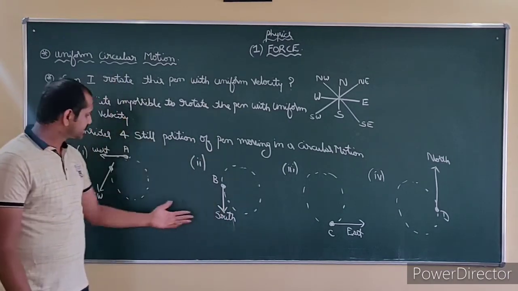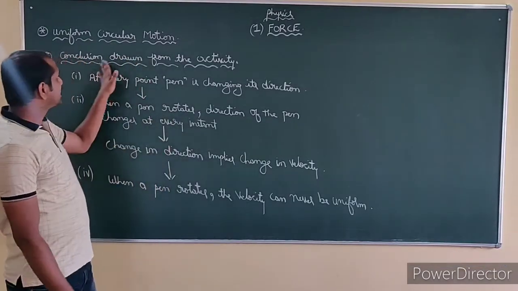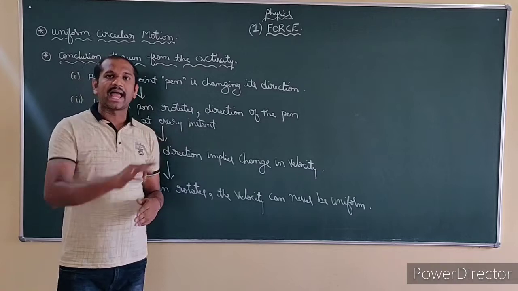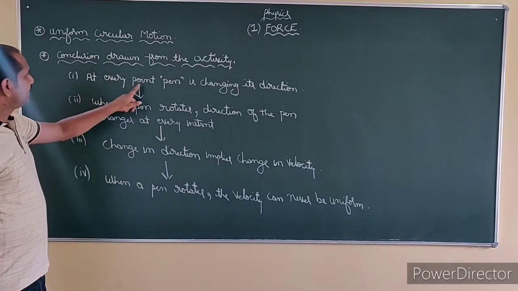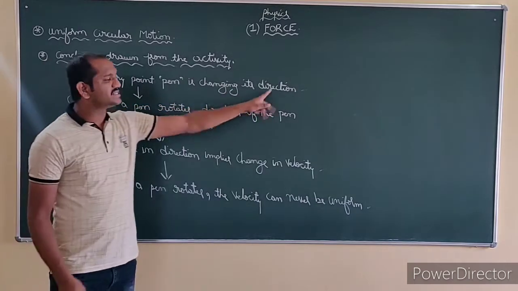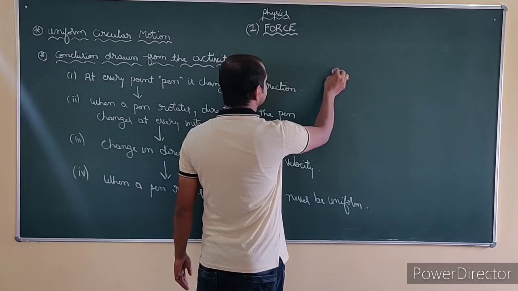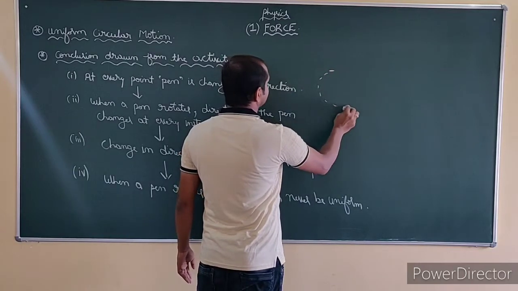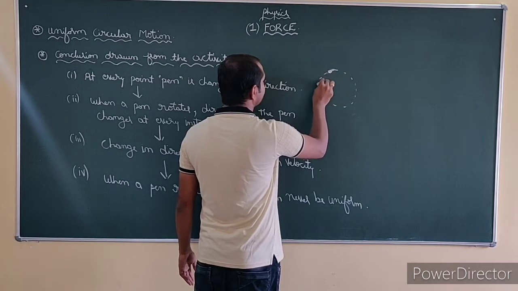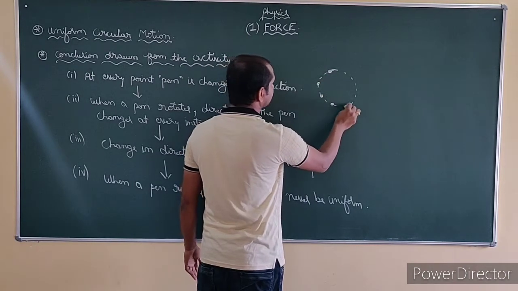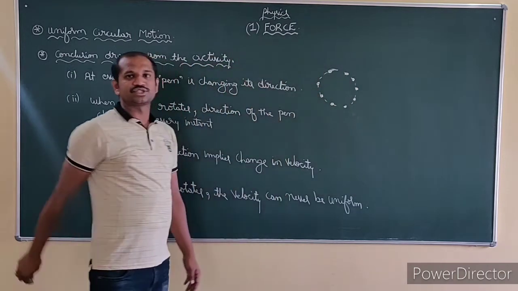So now let us see what conclusion I will draw from this. Now we will see what conclusions we have drawn from the activity which we conducted. So what are the conclusions? At every point, the pen is changing its direction. Obviously, right? When you consider circular motion, these are the different positions of the pen.